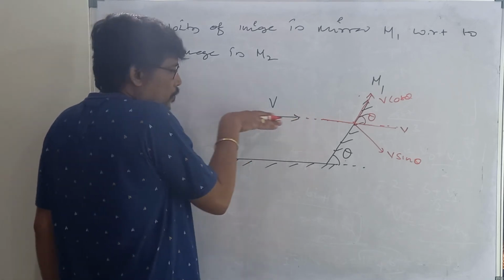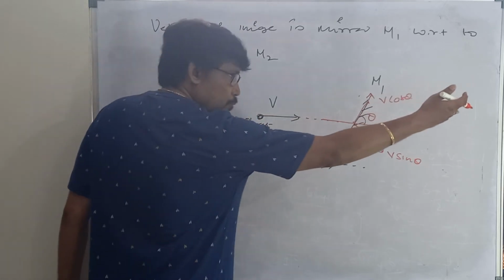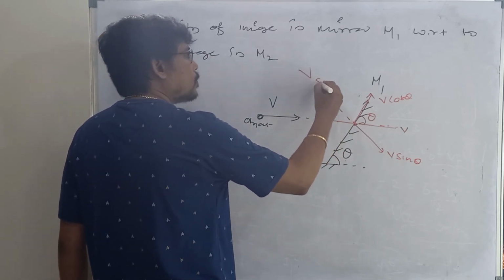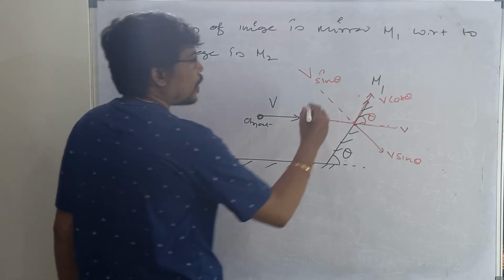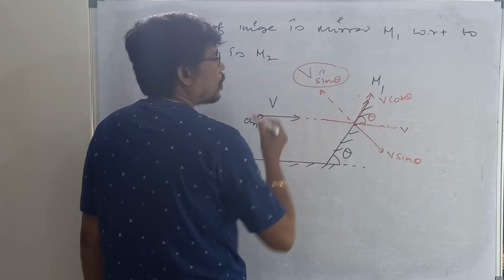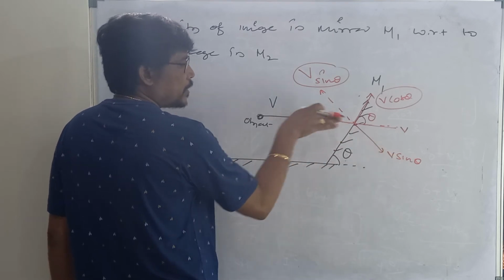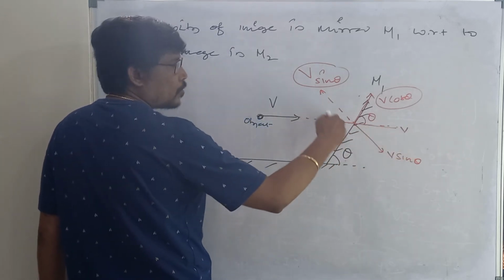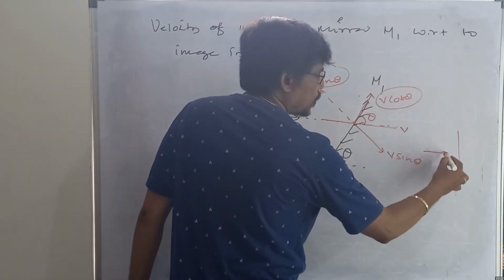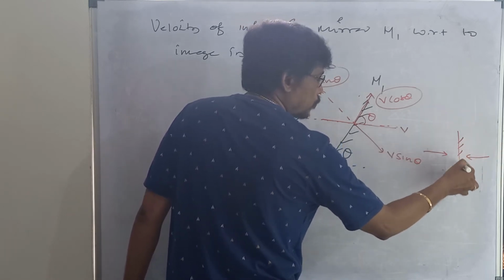So the object is moving in this direction. This is a mirror. When the object is moving in this direction, the image is moving opposite to the mirror, right? So the image is moving in this direction, v sin theta. The object moves in this direction, the image is also moving towards the mirror.